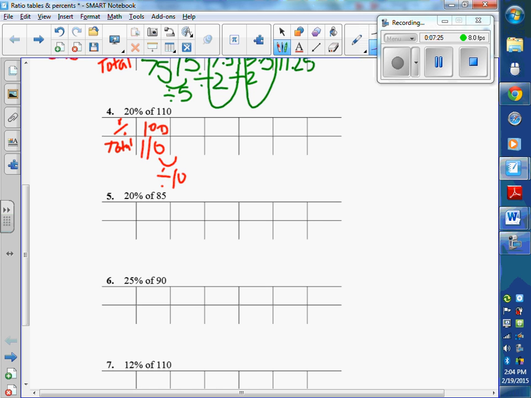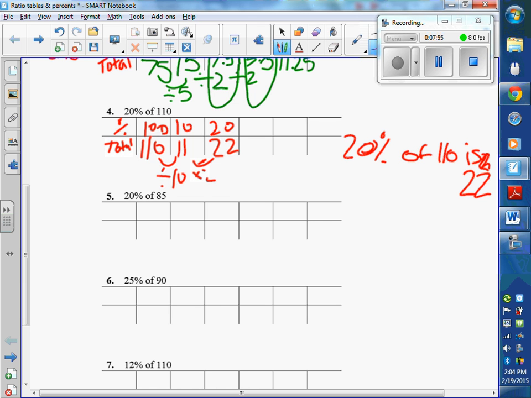So then it's just divided by 10, and then 10 and 11. That's 10%, right? Right. So 20% of 110 is 22. Good.